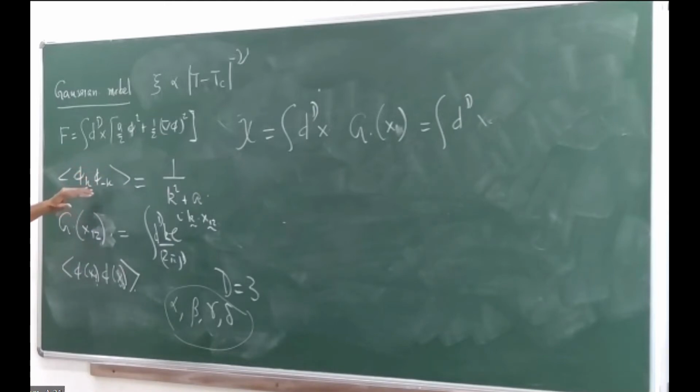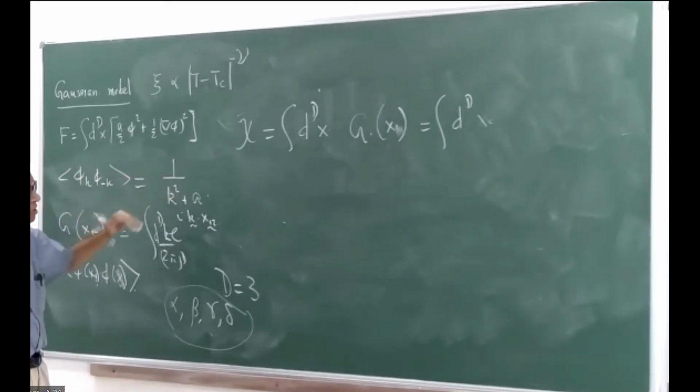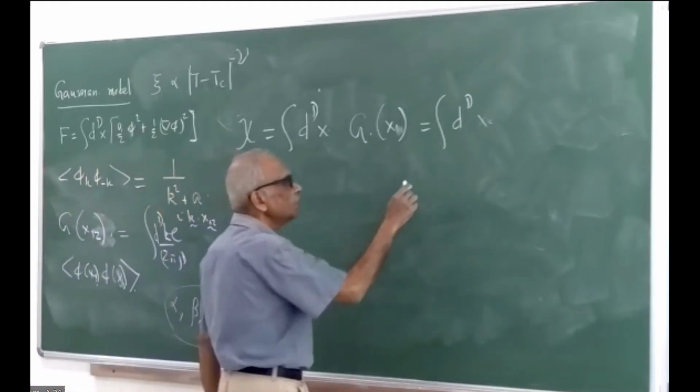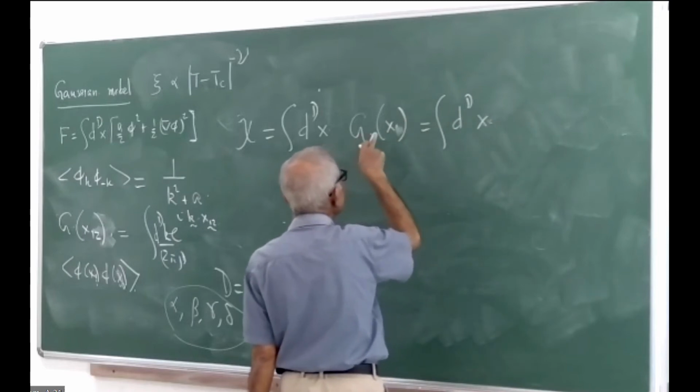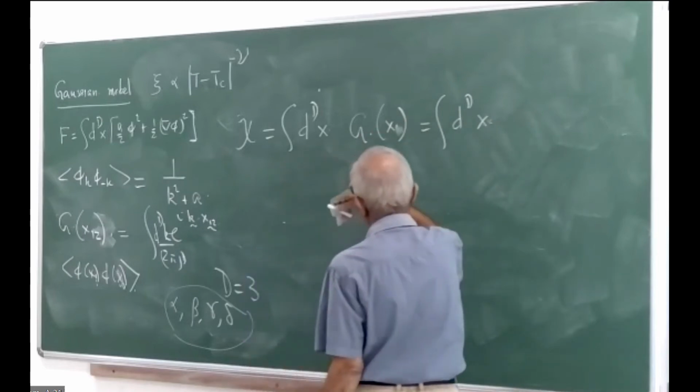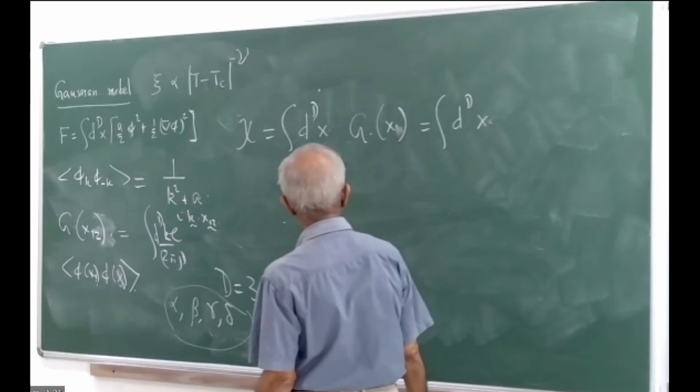All right, I could have come from here that phi k, phi minus k, the susceptibility, is the k equal to 0 part, which is this a over here. You would have normally done this integral, the g of x, is k square plus a.